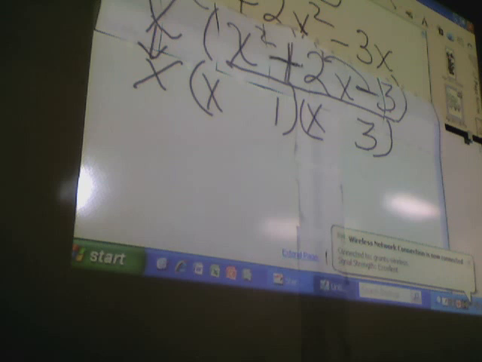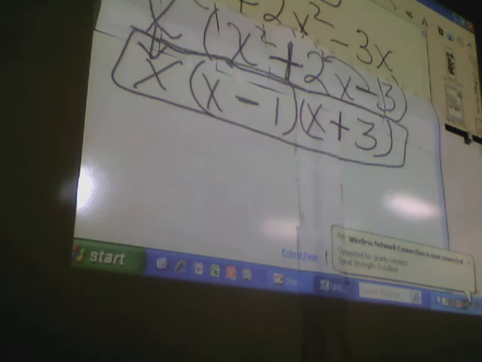So do we need the 3 positive or negative? The 3 needs to be positive. The largest one positive. So a positive 3 and a negative 1 does give you a positive 2. So that does factor. If it had been a negative 2, we would have put the negative in front of the 3.